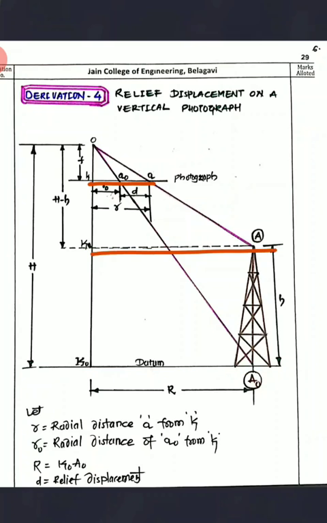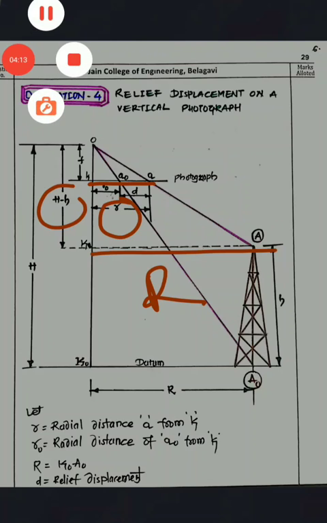By doing that, you will be having F divided by H minus h, and small r divided by this capital R. This is what we are having in step 1.